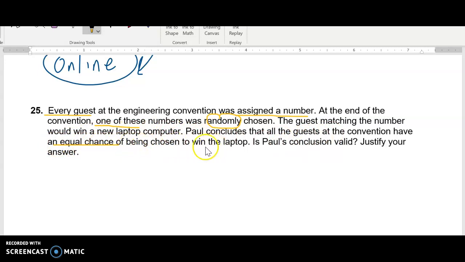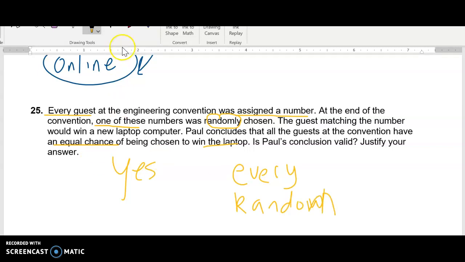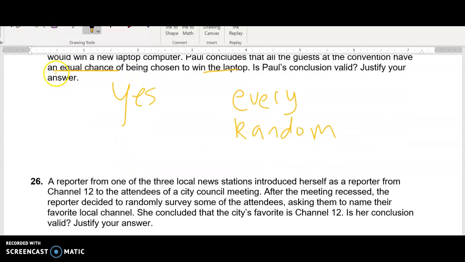Yes. So it's everybody, which does the inclusion, and it is random. So that is a perfect random.